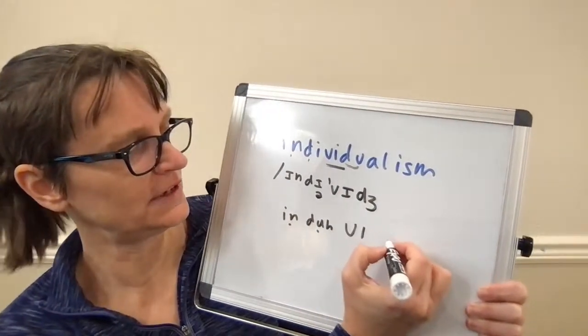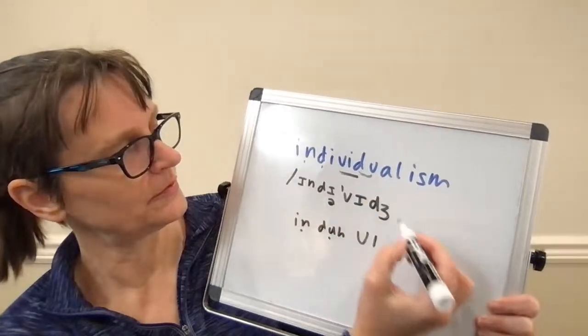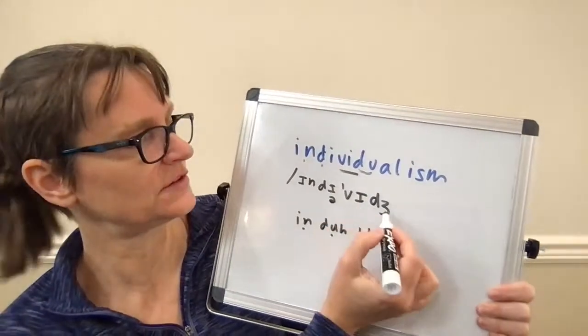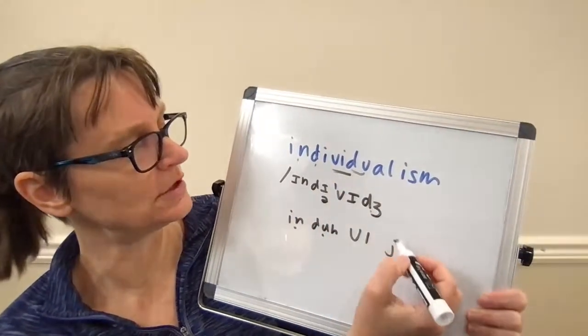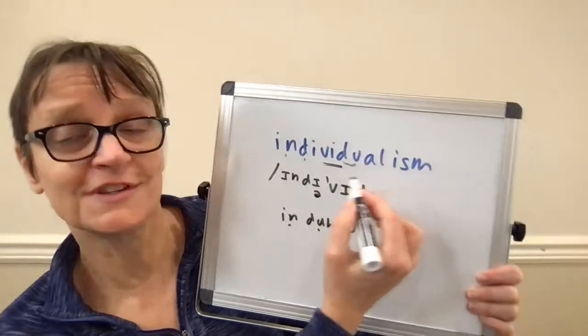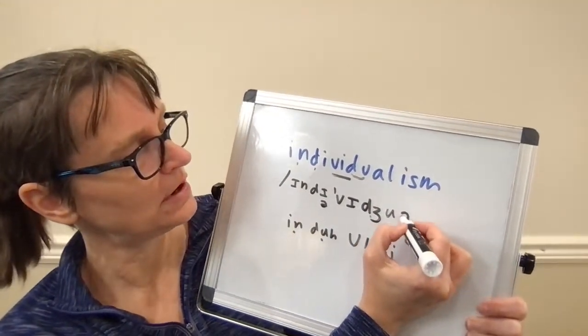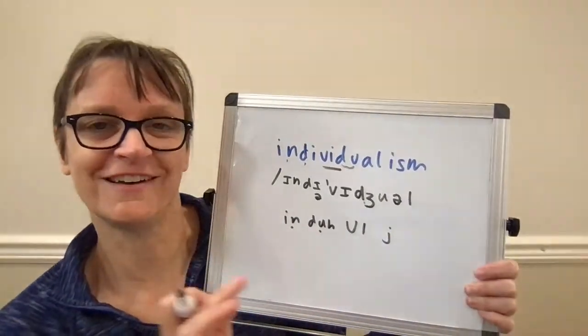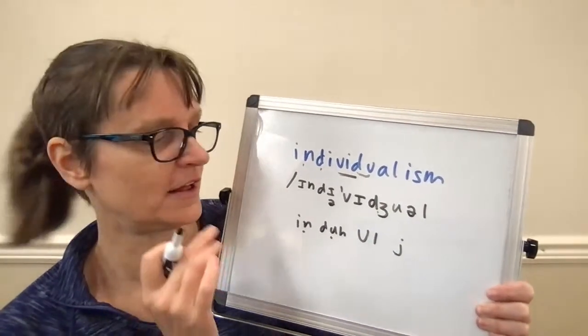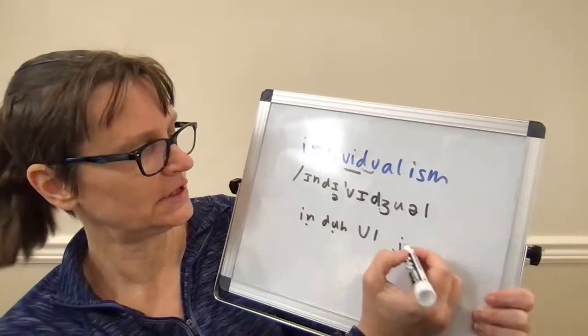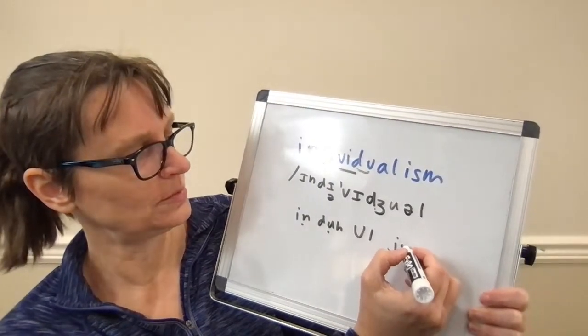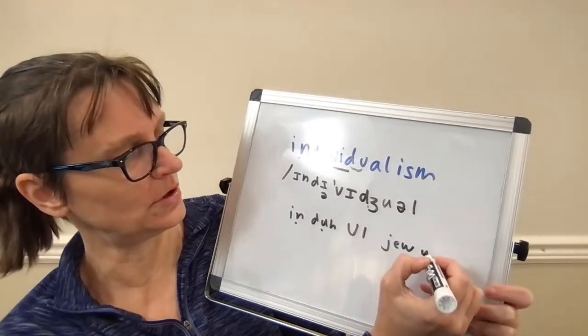So individu, we have the j sound there. That's written this way, individual. We use a tense u sound here, individual. We have a dark L, so schwa before the L, jewel, individu. You might write it this way, jewel.